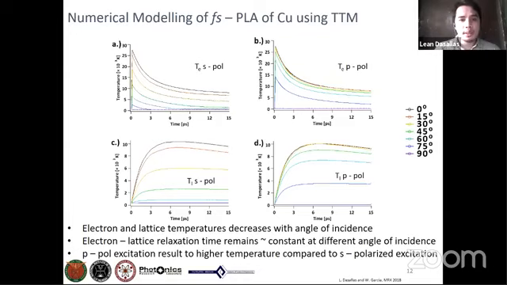And we see that the polarization also dictates the overall temperature of the copper surface. In fact, when we use p-polarized light, we can obtain a higher temperature compared to s-polarized light. However, the electron lattice relaxation time remains almost constant at a different angle of incidence.